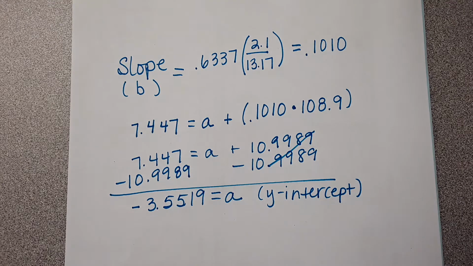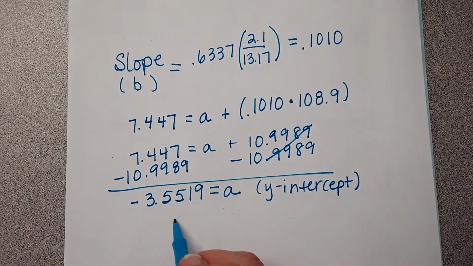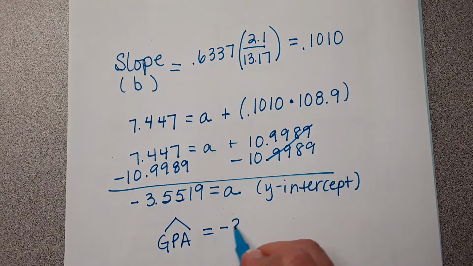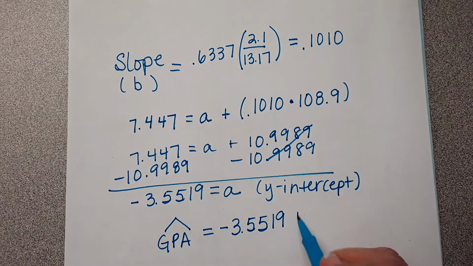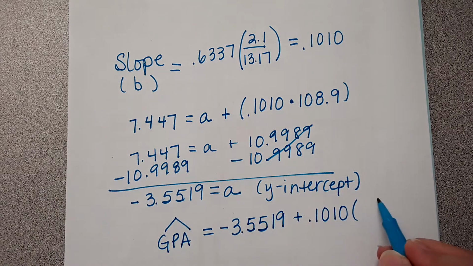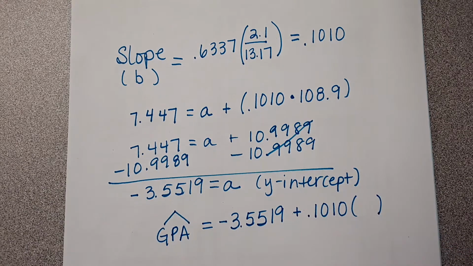So we are predicting what? When we go to write this, you can write the hat over GPA. Then we would write our y-intercept plus our slope. And what are we predicting from? What's our explanatory variable?